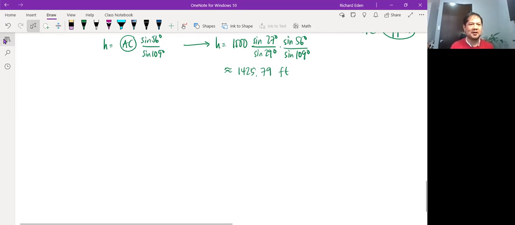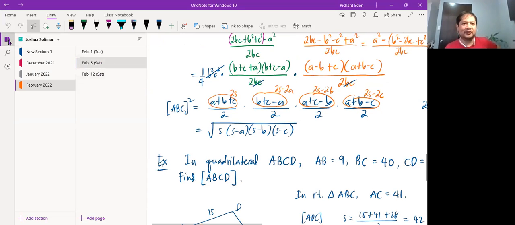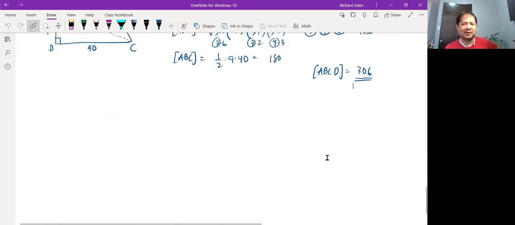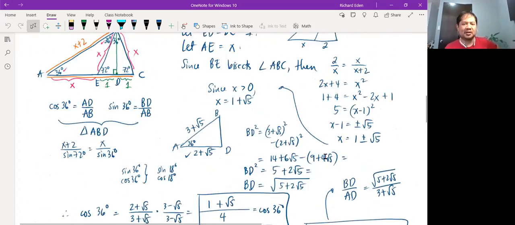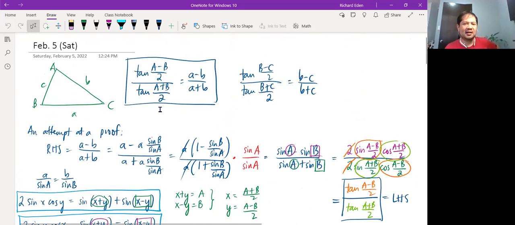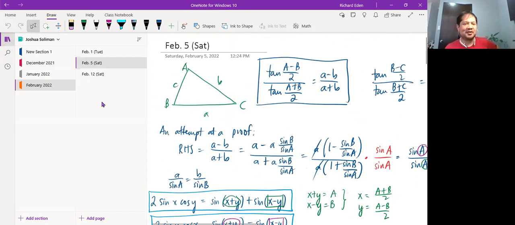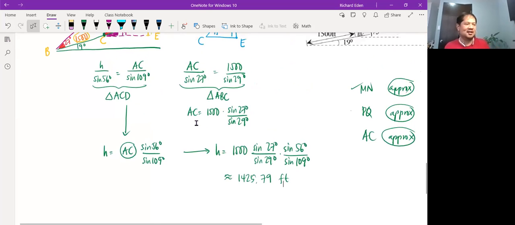Oh wait, hold on. When we did the law of tangents, was it last February 5? Do you remember the date? It's coming true. Feb 5. Okay, I just saw something here in my notes. But wait, let's do this.